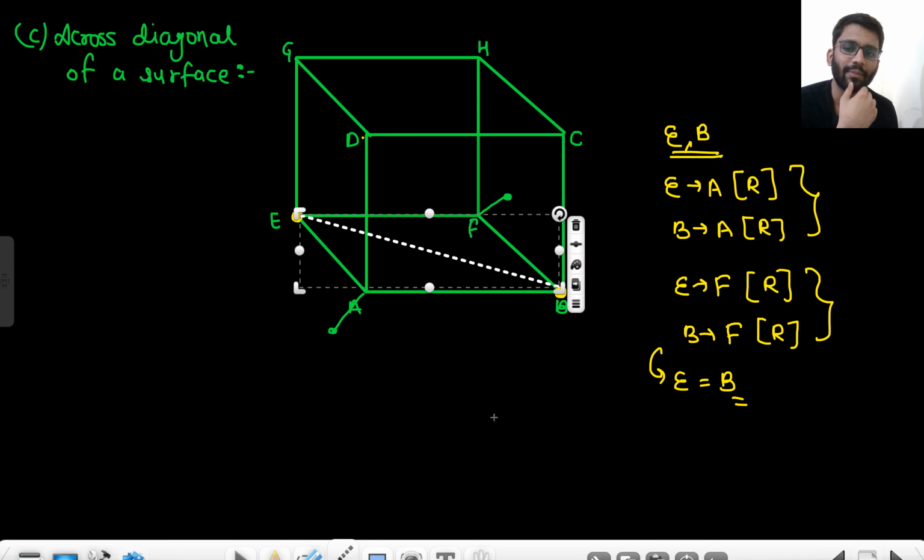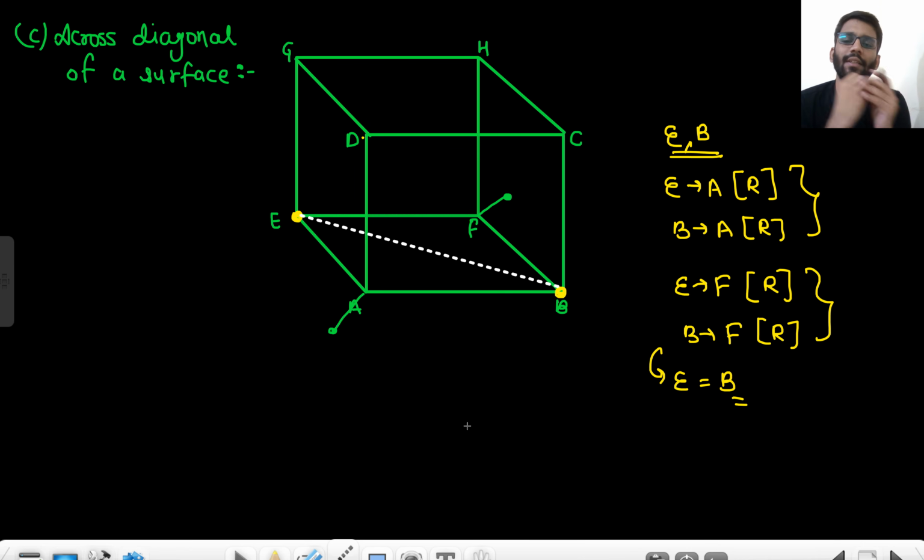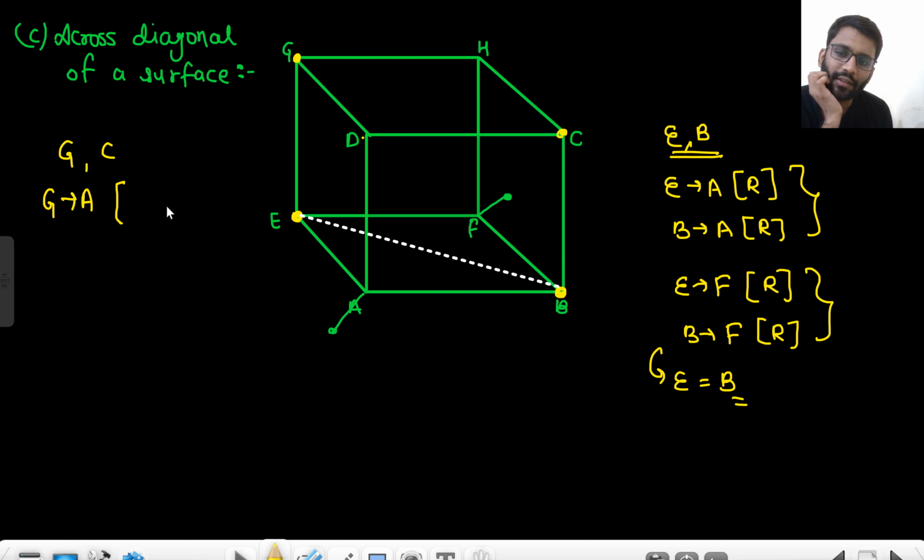So what other points can be equipotential? What do you think? I can think of G and C. Try thinking about these 2 points, G and C. G will come to A with R plus R. And C will come to A with R plus R, so 2R.